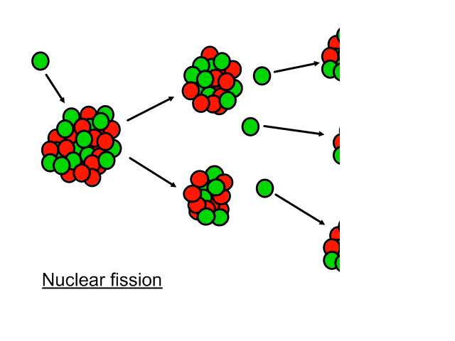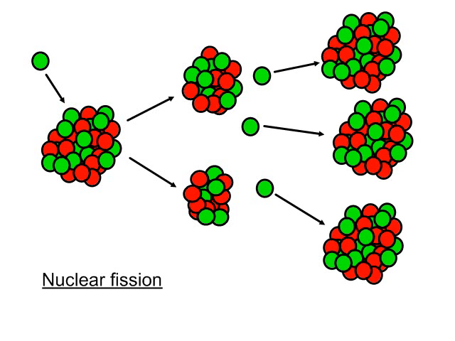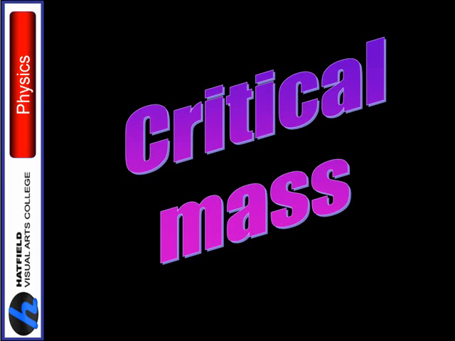Those neutrons can then go on to create further nuclear fissions, and those can go on to create even more nuclear fissions. If we're getting more nuclear fissions than we started with, we've got a situation where we're supercritical. This means the reaction is out of control and could cause a large explosion. This is similar to what happens in a nuclear bomb.